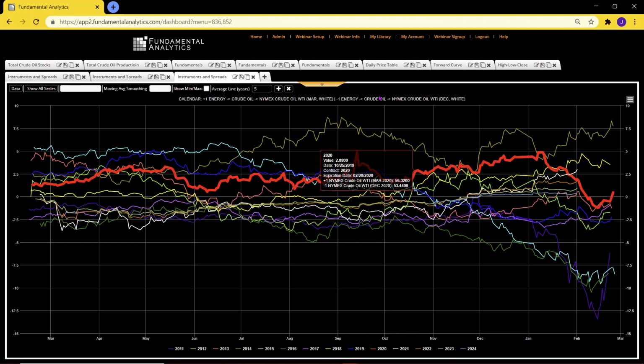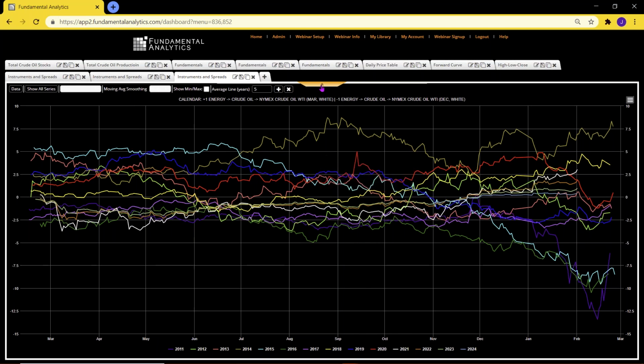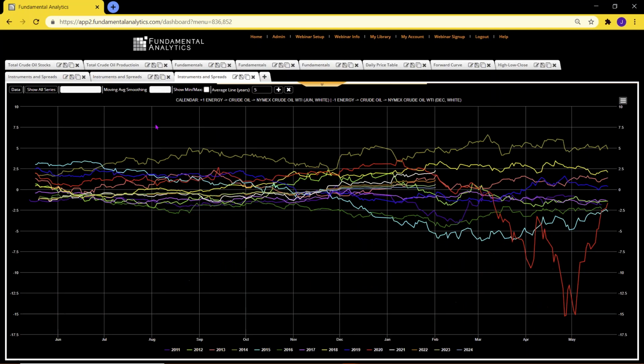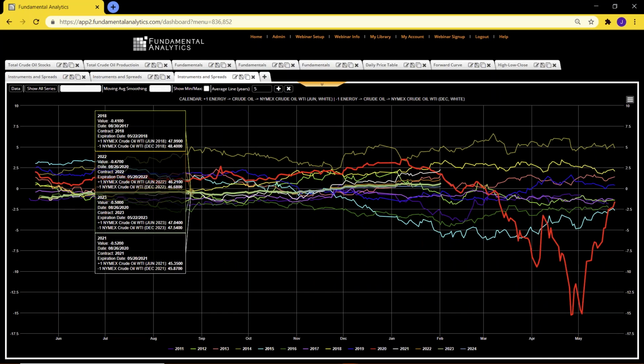Let's push it out one more month to look at, say, the April-December contract, or what's also very popular, the June-December spread.